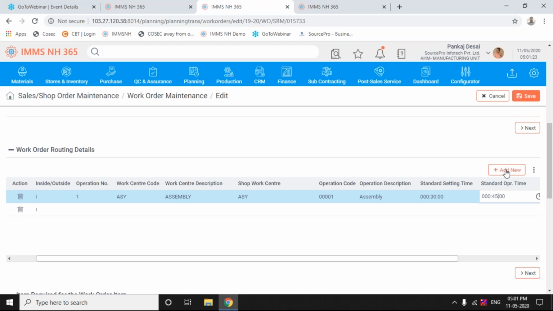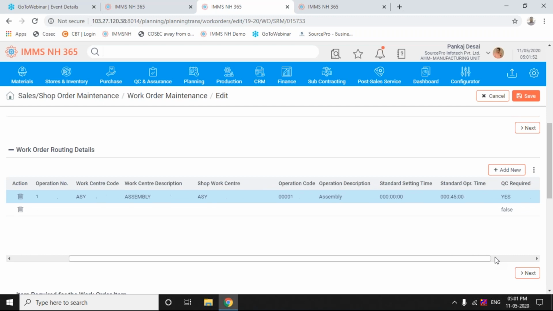Just say 45 and remove the standard starting time. Setup time is usually for the machine-centric operations where you need to set that machine up for the next operation. So standard operating time, please scroll right further.